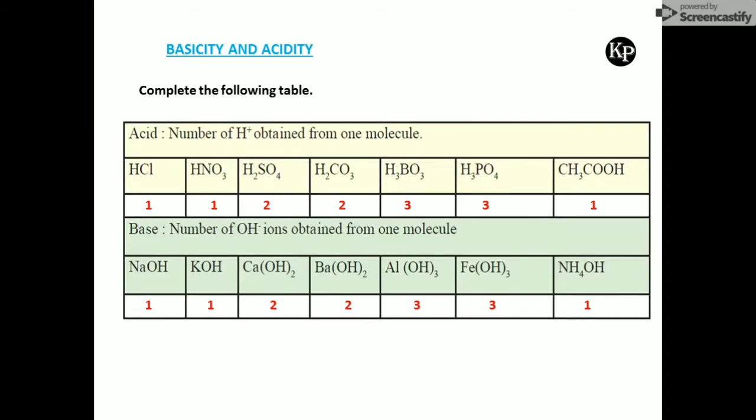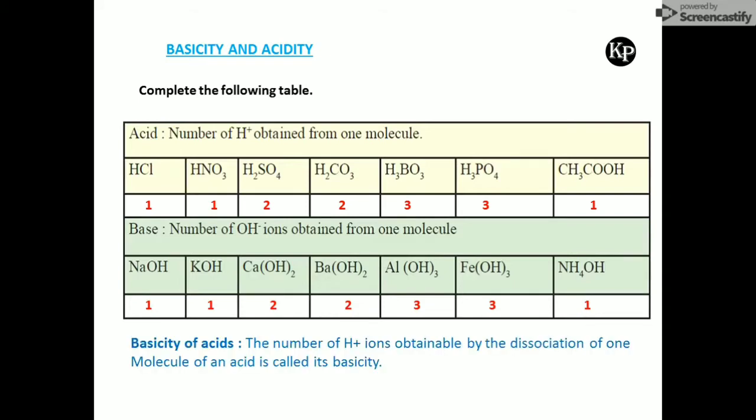So from this table, we can say that the basicity of an acid is the number of H plus ions obtained by dissociation of one molecule of the acid. In the same way, the acidity of a base is the number of OH minus ions obtained by the dissociation of one molecule of the base.